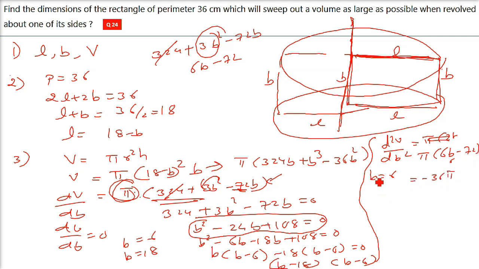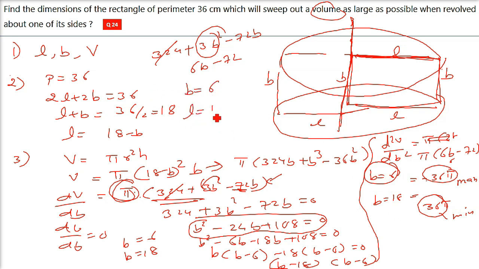Since it is negative, it is a maximum. When you put b equals 18, you get 36 pi, which is positive, so you will get a minimum. We have to take only the value for which we get the maximum volume. So I am taking b equals 6.